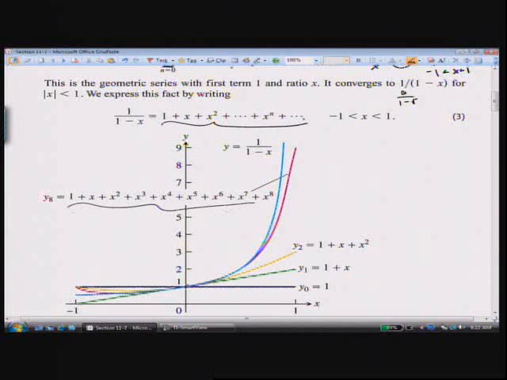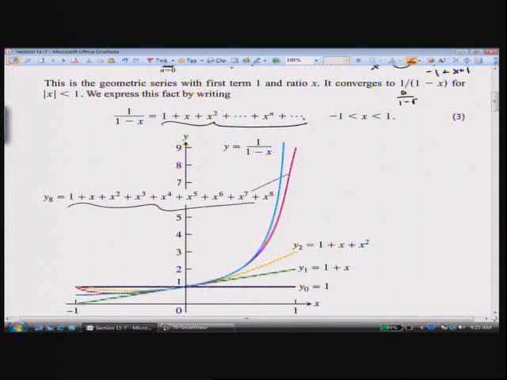So what you can see in your mind is that if you look at the graph of 1 plus X plus X squared all the way up to plus X to the 8th, it looks pretty close to the graph of 1 over 1 minus X. If you keep going out more terms, it's going to get closer and closer. But it's only going to be a good approximation between -1 and 1.